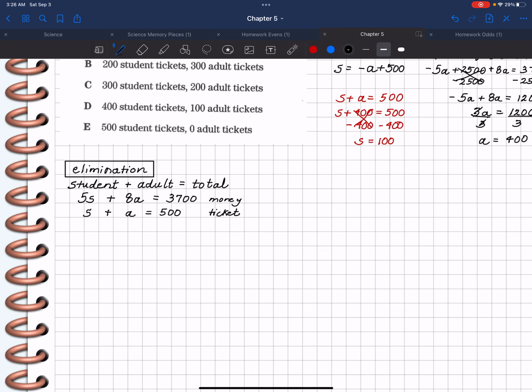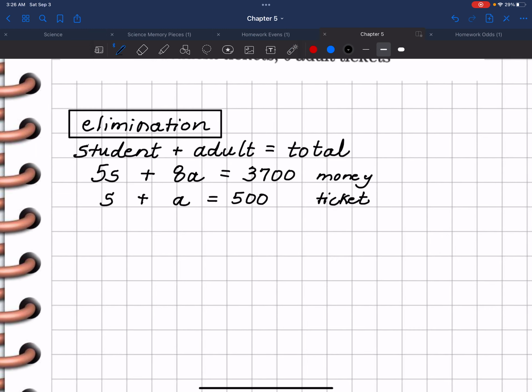You don't have to do both equations. So I'm going to do this single one on the bottom because I need a negative 5 there. I want a negative 5 to cancel. So in order to do that, you just have to multiply everything by negative 5. That's the catch. So you get negative 5S minus 5A equals negative 2,500.